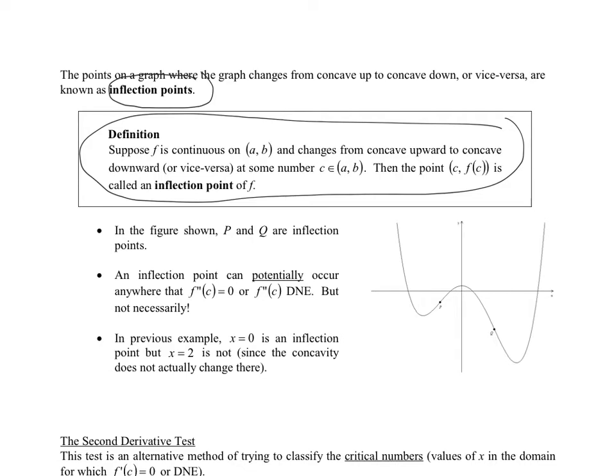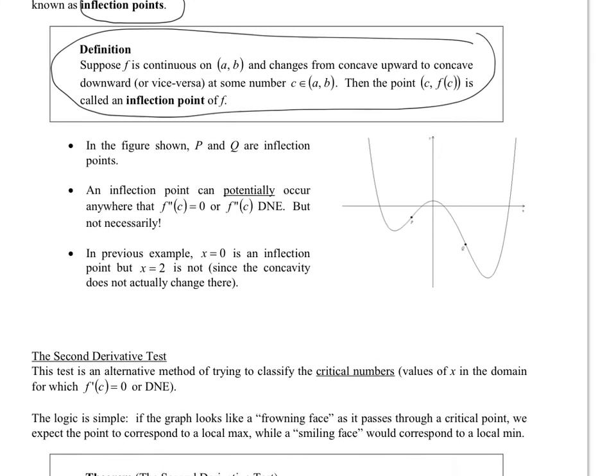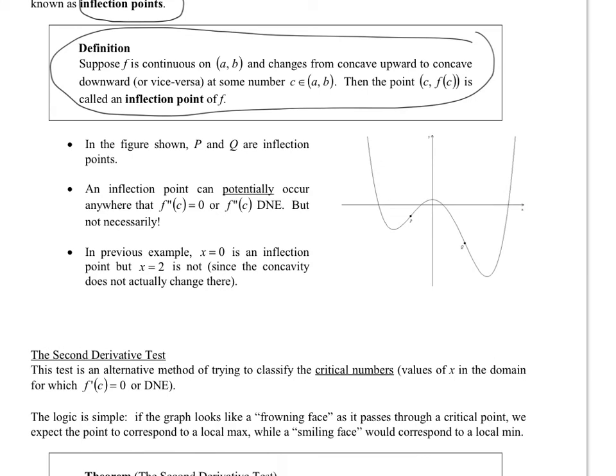Now, inflection points, please understand, are not the same as critical points. Critical points are points on the graph like here and here and here, where the first derivative is equal to 0 or is undefined. And as we know, those critical points are points at which the graph of the function is very likely to change from increasing to decreasing or from decreasing to increasing.